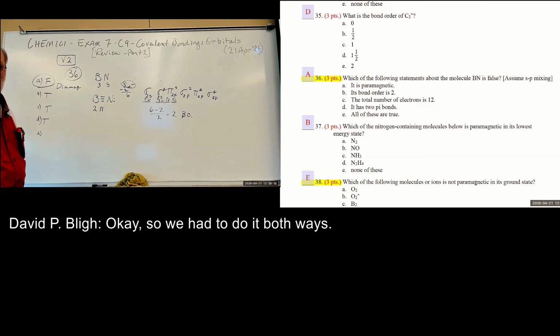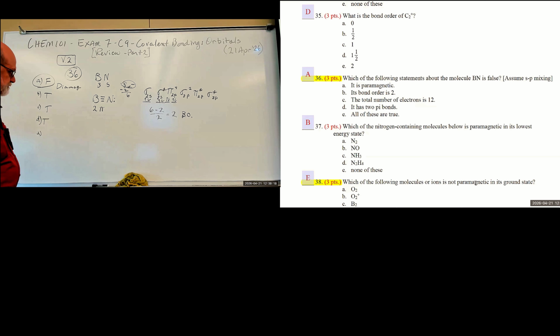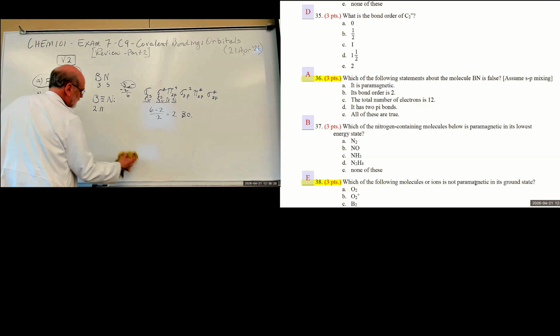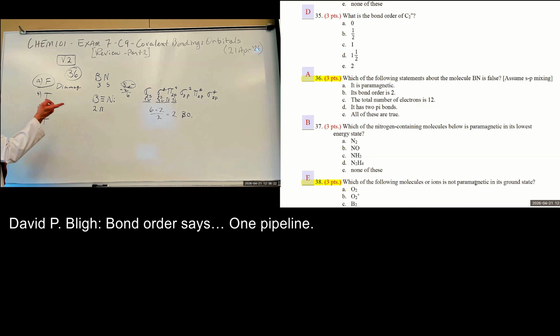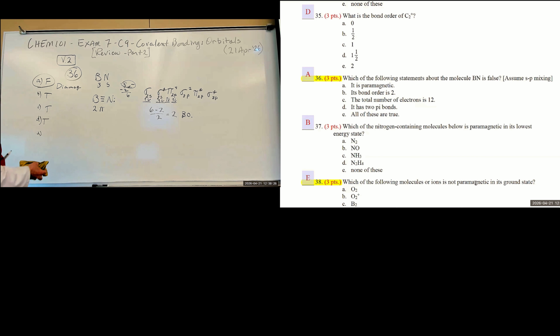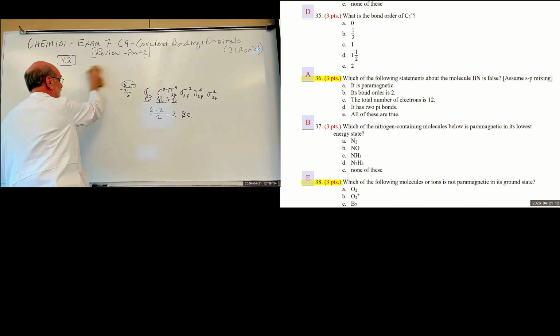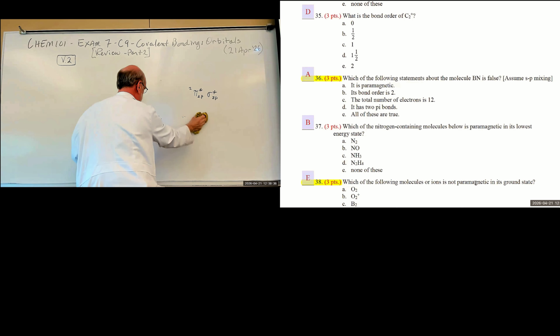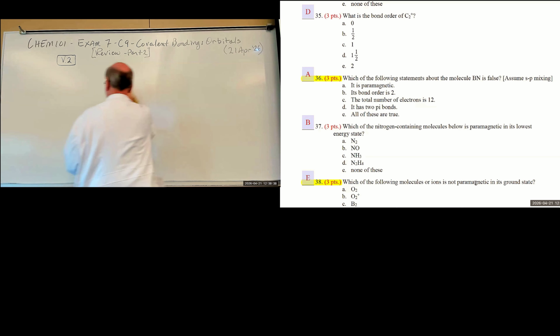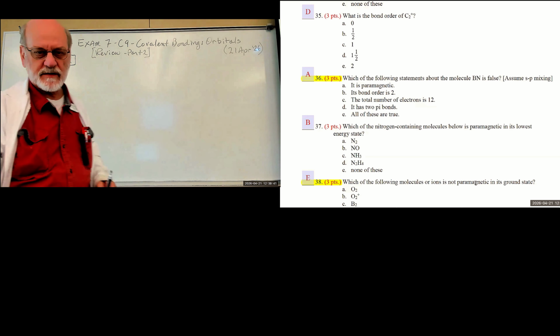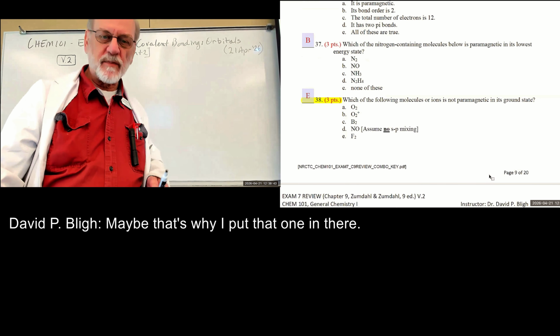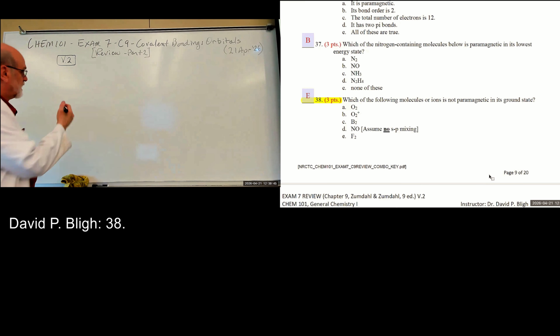Okay, so we had to do it both ways. Bond order says 1 pi bond. Well, there is some disagreement there between the two theories, isn't there? That was 36. Maybe that's why I put that one in there. 38.